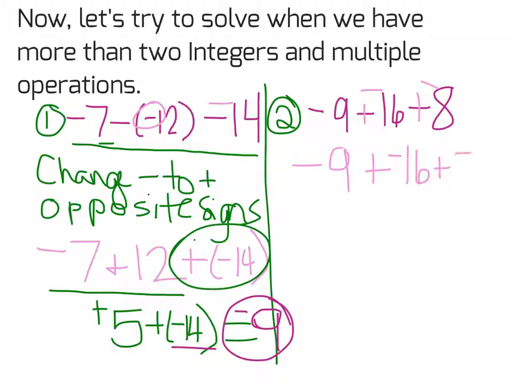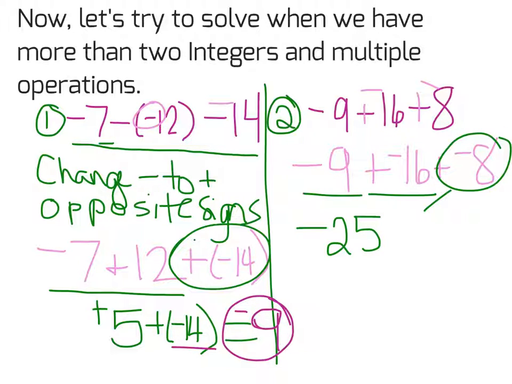-16 plus -8. All right, so let's start with the first two. -9 plus -16. A negative plus a negative is just going to be more negative. I owe more money. And then 9 plus 16 is 25. We're rewriting this, drop it down, so plus -8.